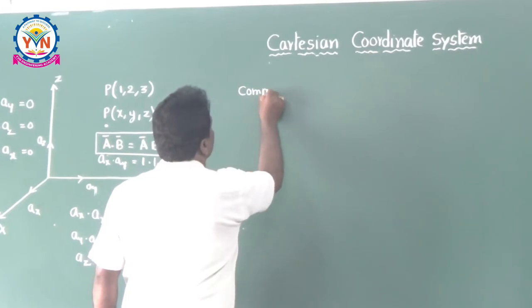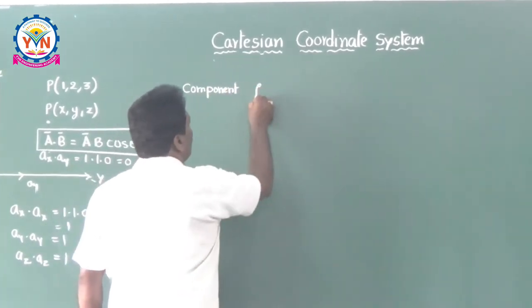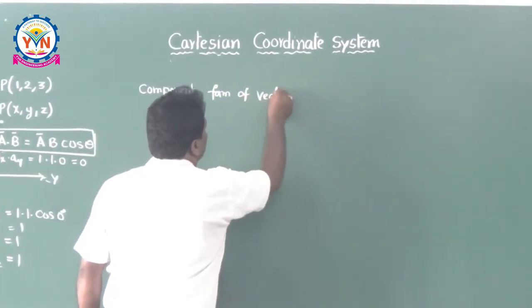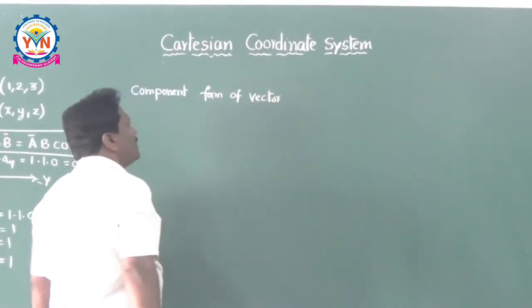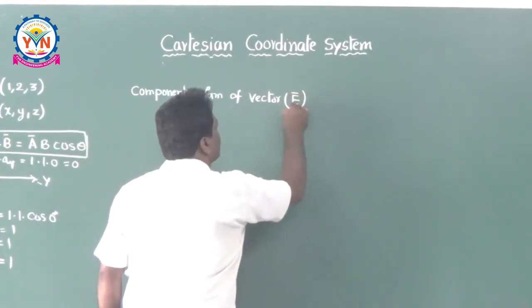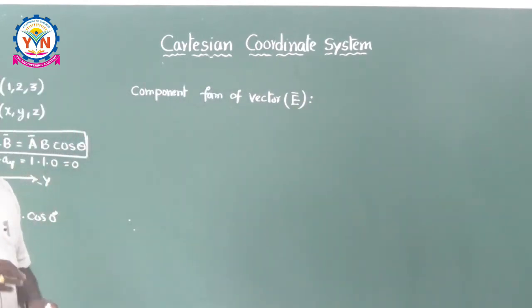Component form means expressing the vector in different directions. Suppose, for example, in our example, this is the electric field intensity, because in future you are going to discuss electric field intensity and magnetic field intensity, because I would like to tell all these concepts with respect to our subject.